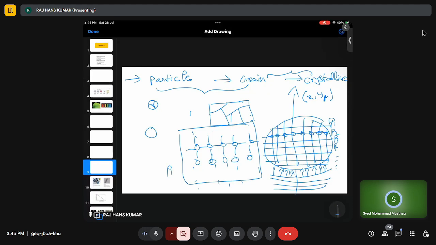We call it a slant. That means this is my direction, with just a little angle, a small angular difference, dθ. If we have a small angle difference, then this will be my crystallite.